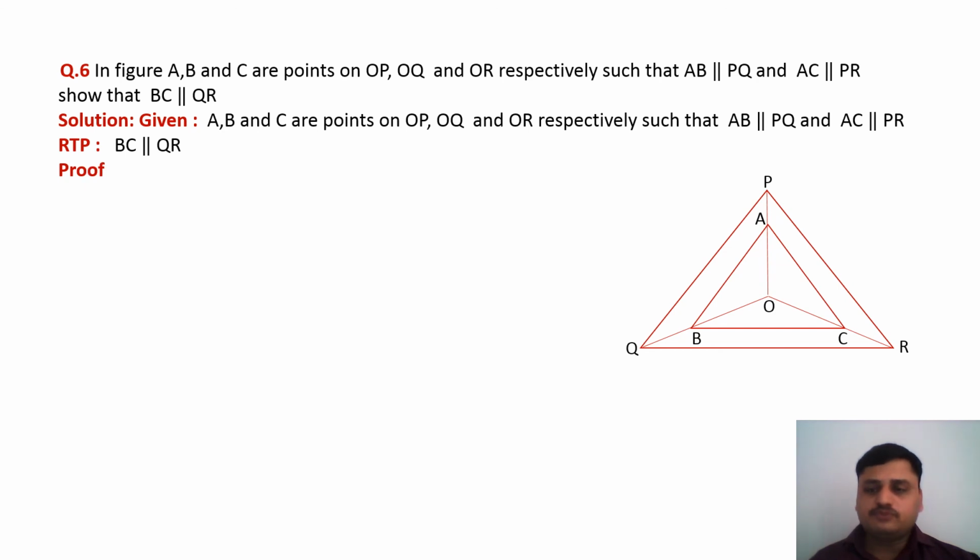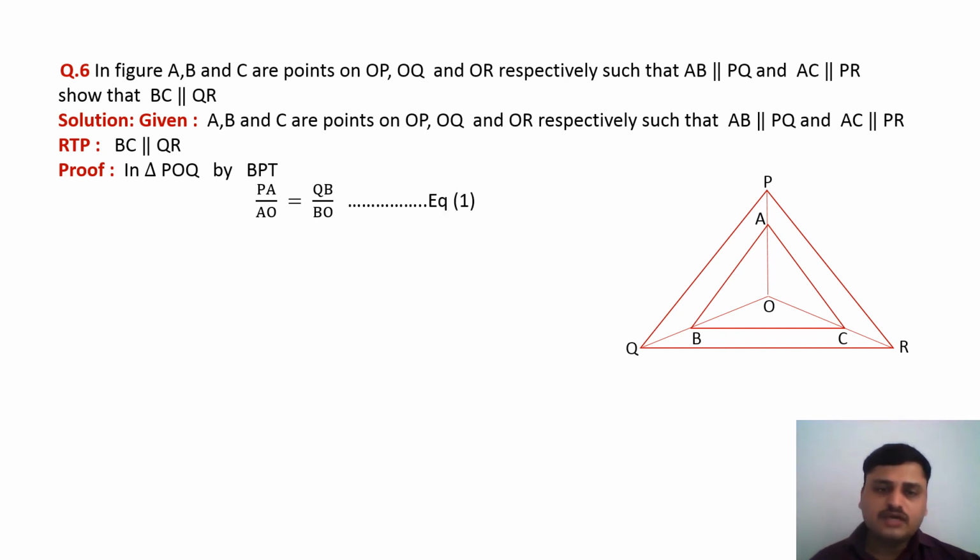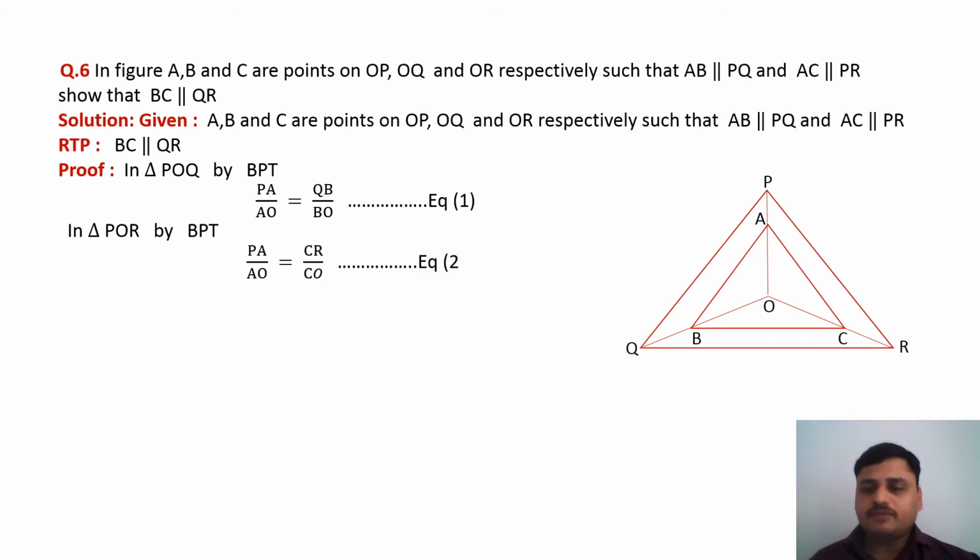Okay, let's begin the proof. We will take triangle POQ, and in that triangle by BPT, as AB is parallel to PQ, PA by AO is equal to QB by BO, equation number 1. In the same way, in triangle POR by BPT, PA by AO is equal to CR by CO, equation number 2.